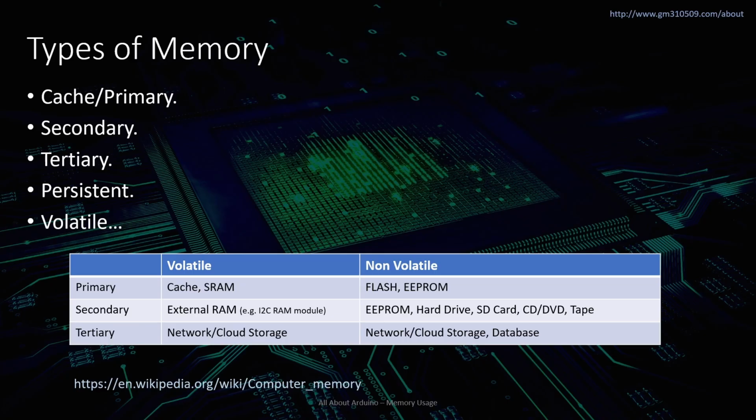And then tertiary is a bit further away. And the main difference is speed. So primary will be the fastest access, secondary is next fastest, and then tertiary, potentially over a wide area network, is the slowest access. So that's the main difference between those three.